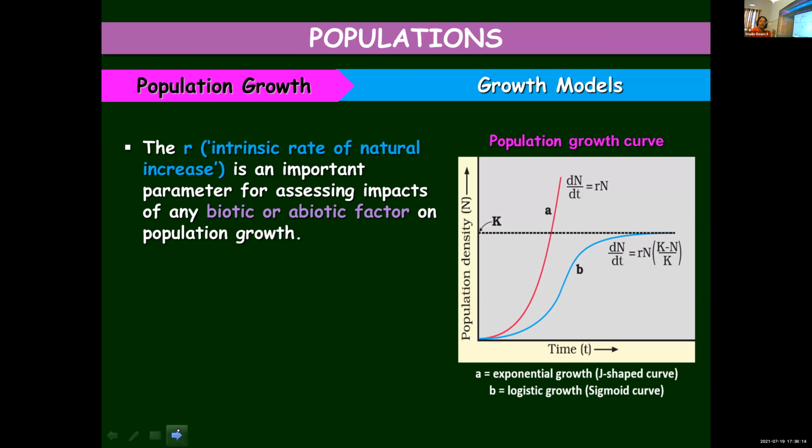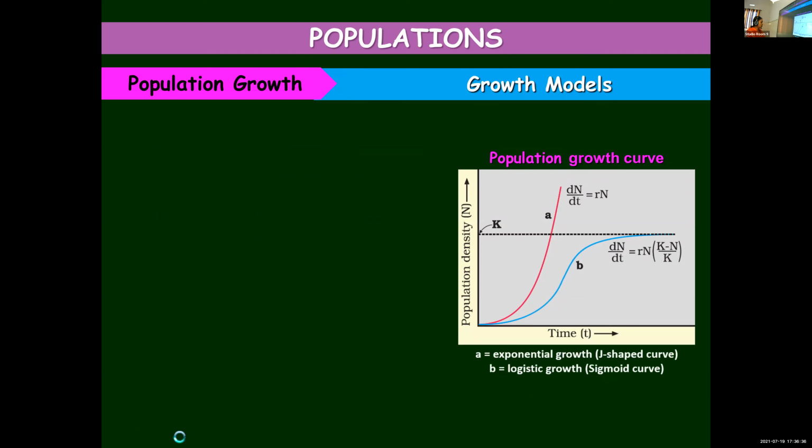How much they are influencing the population growth, we can easily make out from the r value or intrinsic rate of natural increase. So by understanding the r value, we can understand the role of different biotic and abiotic factors on population growth.